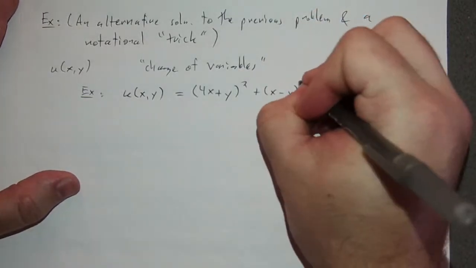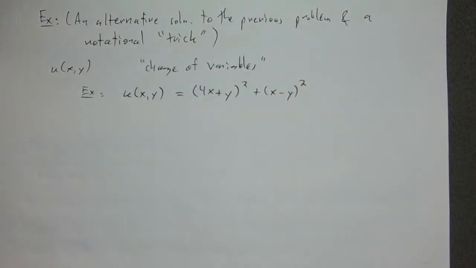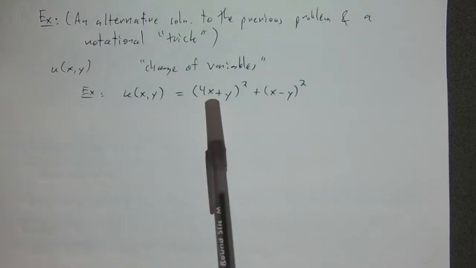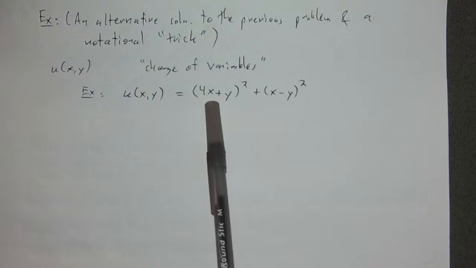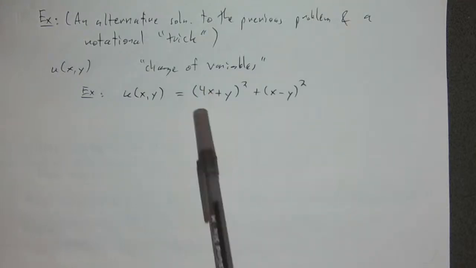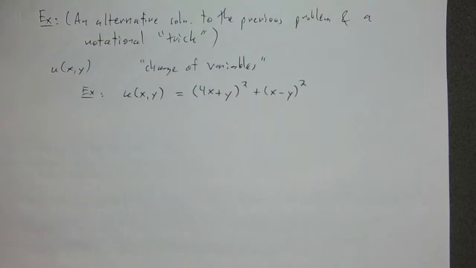Now, you may remember from Calc 3 that there were things of this type that when you were asked to do any kind of serious computations with them, you noticed that, boy, wouldn't it be great if this expression and this expression were simplified, changed to different variables, say like u and v, so that this becomes u squared plus v squared, which is a simpler thing to deal with algebraically, and you kind of proceeded from there, right?